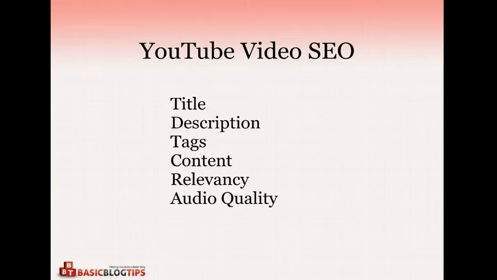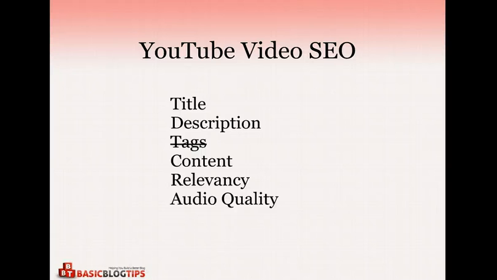Well, I think YouTube got a little annoyed with that because, as always, some people abuse it, and people were putting tags that really didn't have anything to do with their video, or their video was only maybe remotely related to what the tags were.